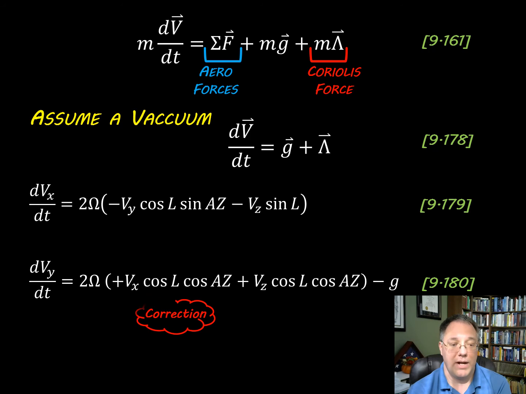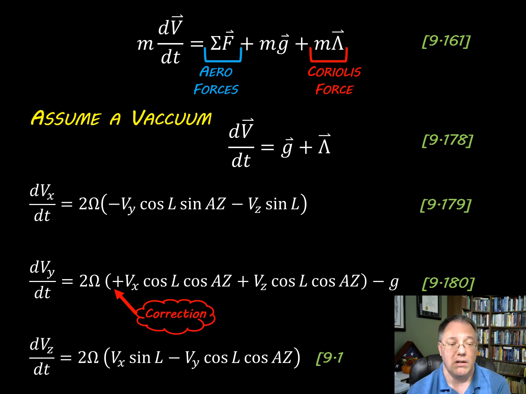And I would like to point out that there is a correction here. Please note, the textbook starts out with a negative sign in front of that v sub x, and it should be positive. So please go back and correct your textbooks. That 9.180 has a positive sign there. And then in the z direction, we get 9.181, shown here on the screen.